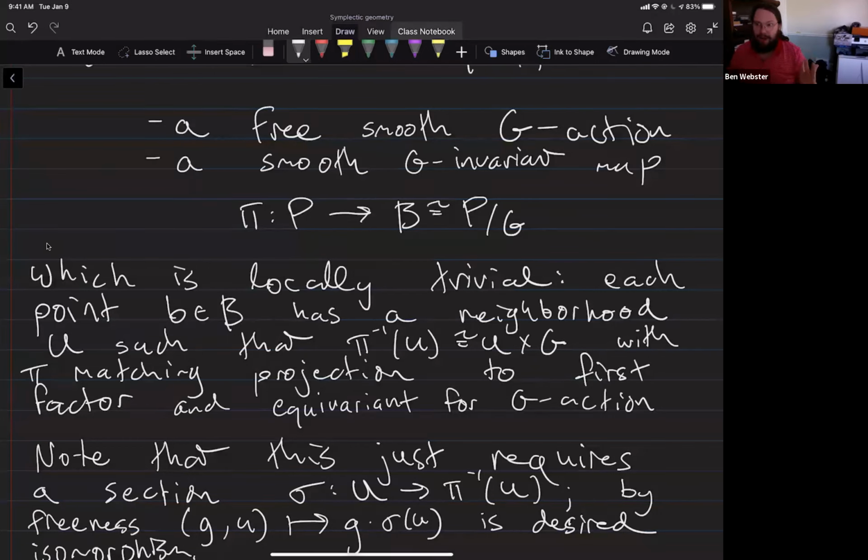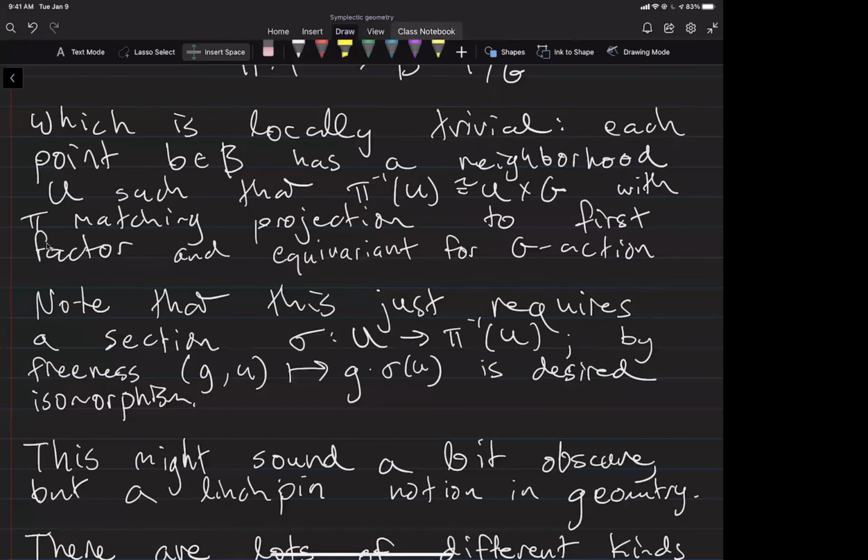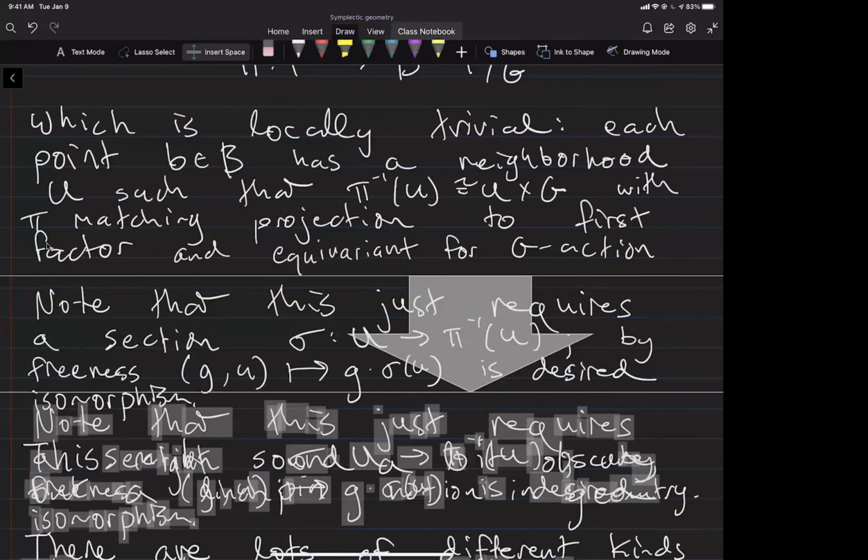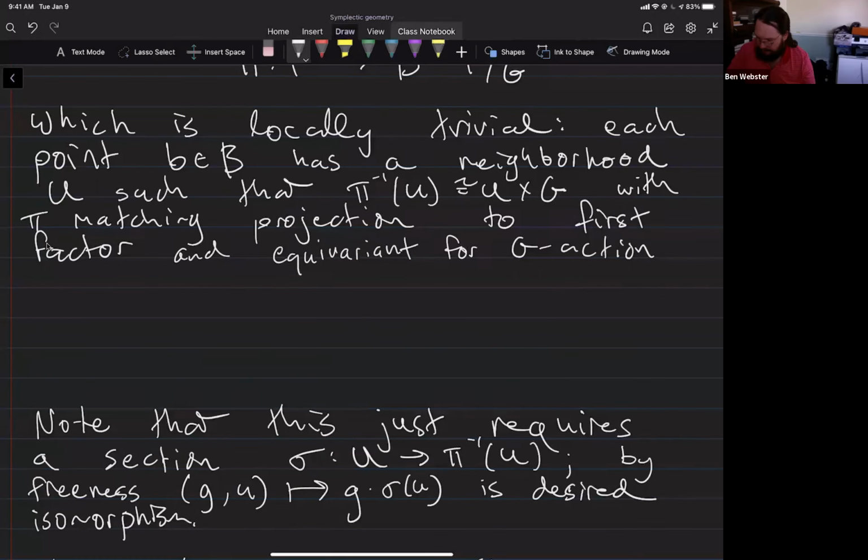The easy way to come up with one of these is to just take the trivial one. Example: I can just take G times B, let G act on the first factor by left multiplication, and this will, for sort of stupid reasons, be locally trivial. Yes, Josh.